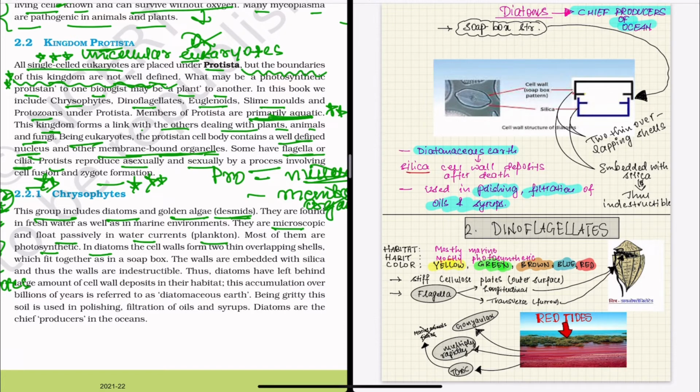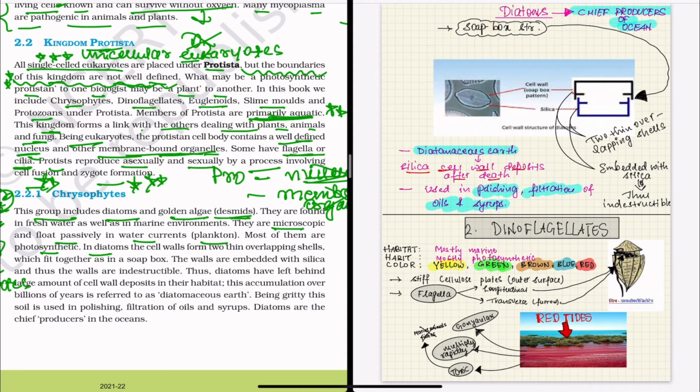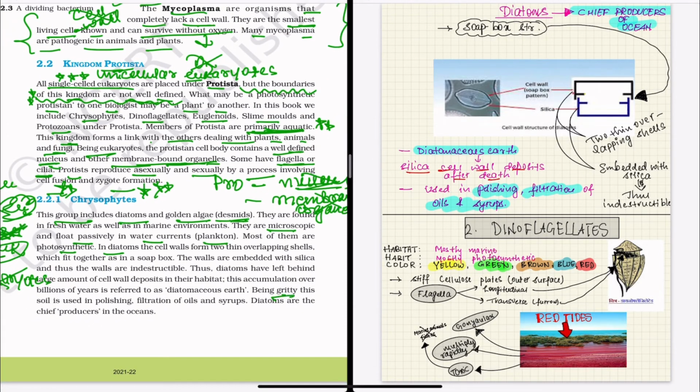These deposits in the ocean bed are called diatomaceous earth. These are quite useful for human beings. They are used in polishing and filtration of oils and syrups, and they are quite gritty and cheap.